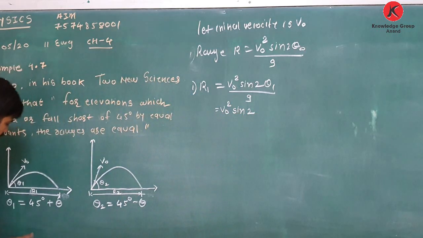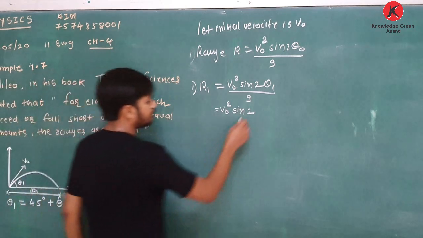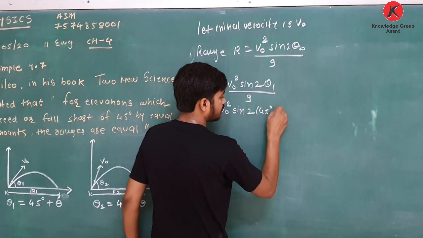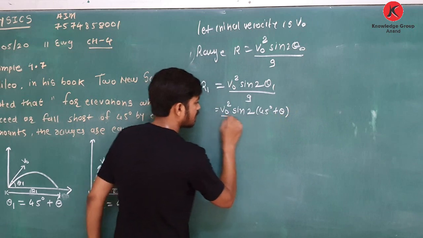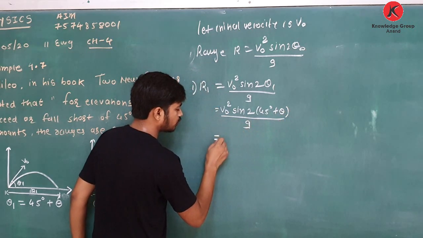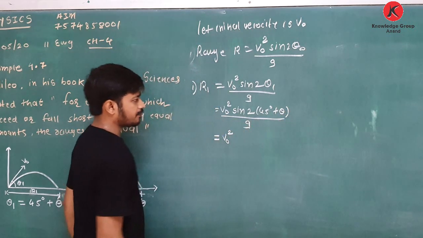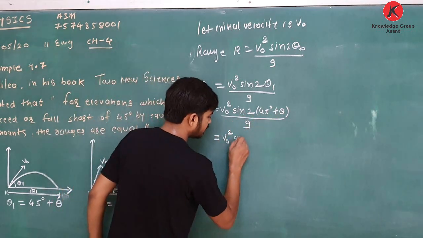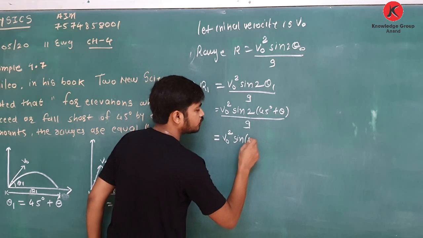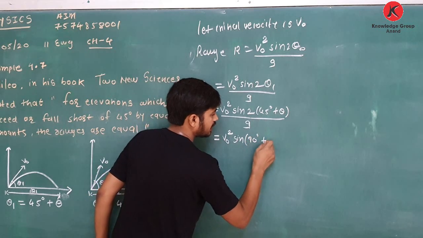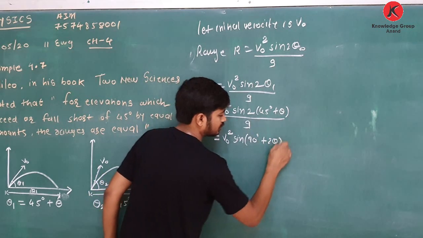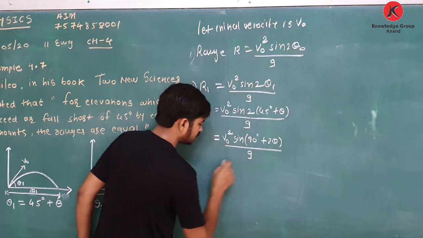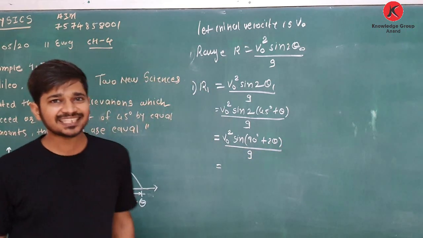R1 is equal to v0 square sine 2, put the value of theta 1. What is theta 1? 45 degrees plus theta. So v0 square sine 2 times (45 degrees plus theta) divided by g. Multiply this 2 into the bracket: sine of 2 into 45, which is 90 degrees, plus 2 into theta, which is 2 theta, divided by g. Now, remember last lecture?